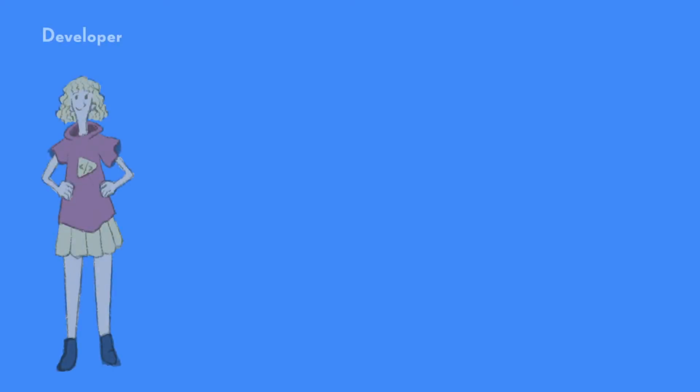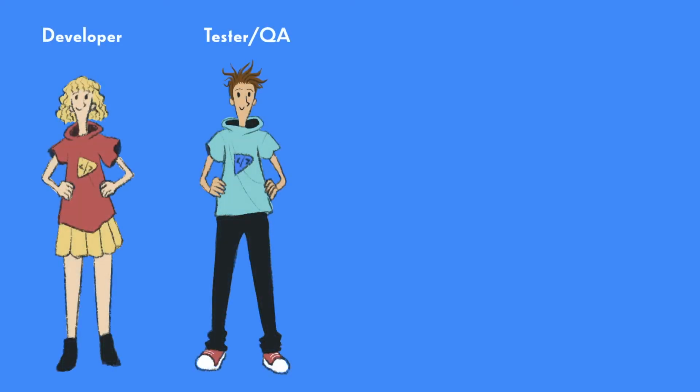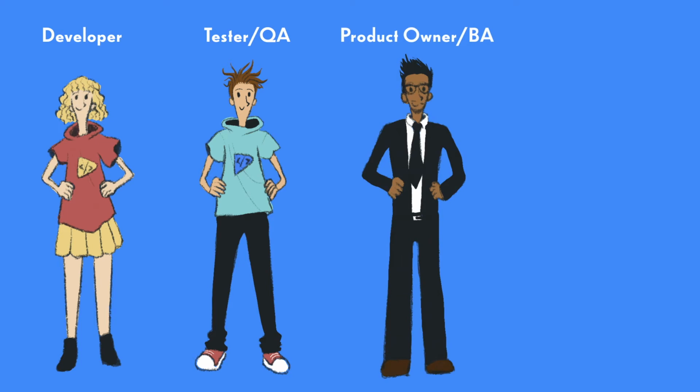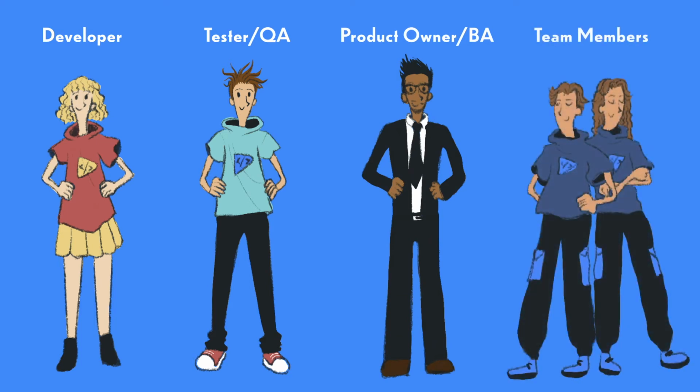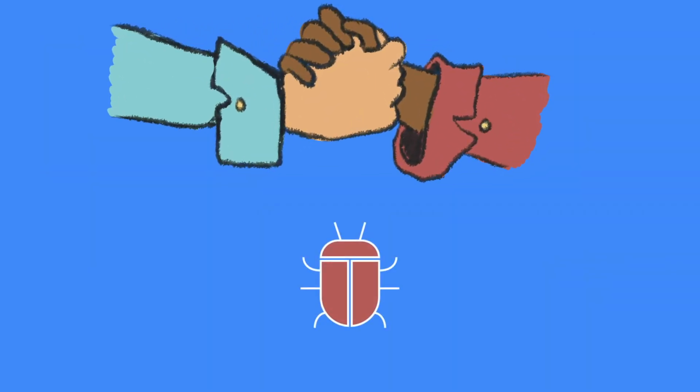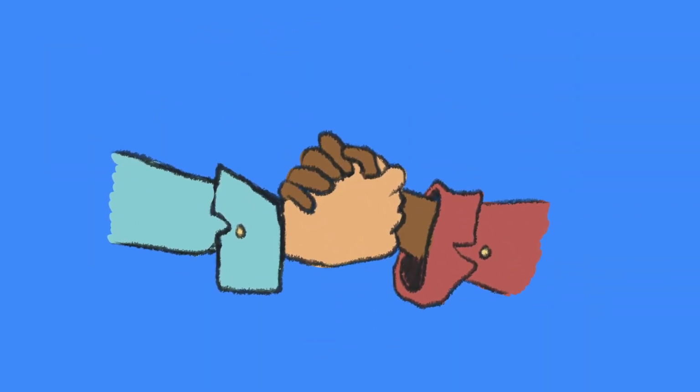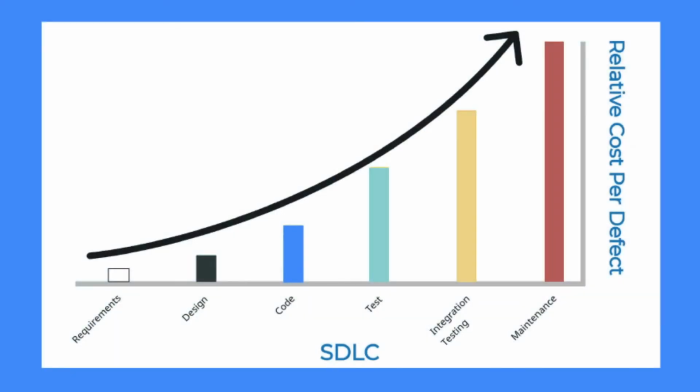For this, typically, you would get your three amigos, the developer, tester, and the product owner or business analyst, along with any other team members for the OOPSI collaboration process. Establishing the right collaboration process would reduce your bugs drastically and reduce the cost of development. As you can see from this graph, the later the bugs are found, the more expensive it gets to fix.